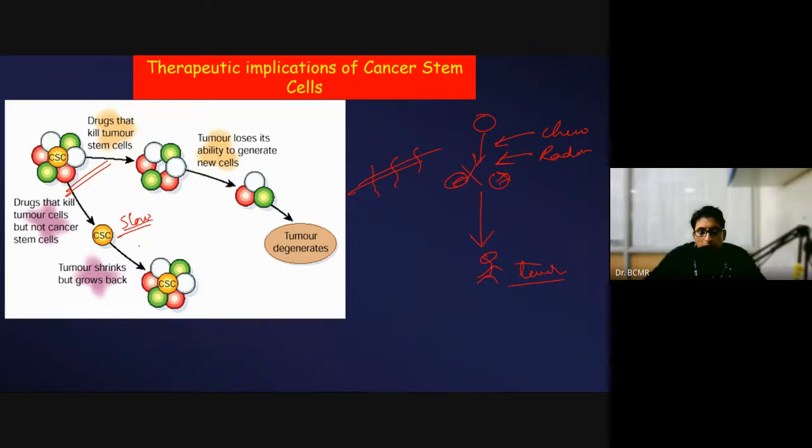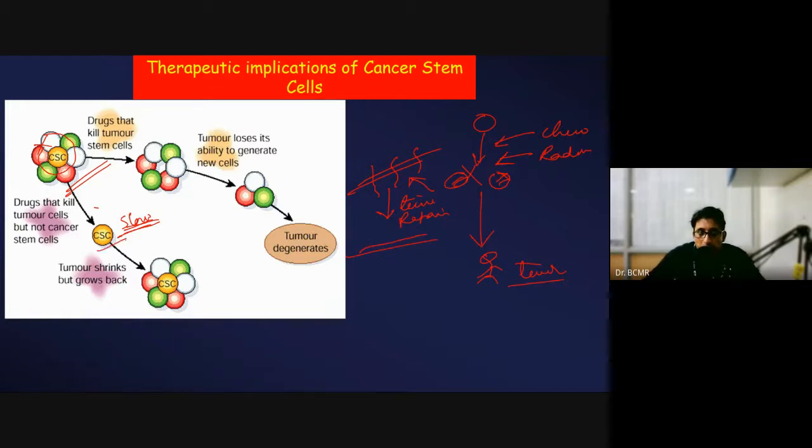Slow growing means that if damage is inflicted, there is enough time for repair to occur, and then the cell gets back to normal.